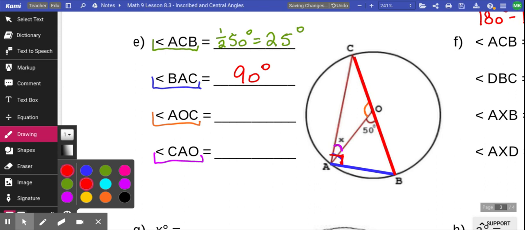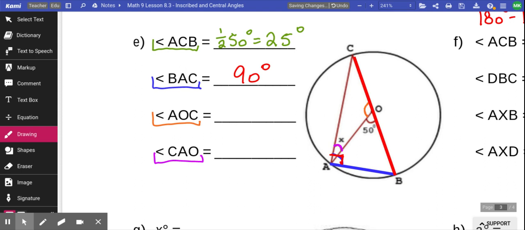Wonderful. The next one I want to look for is A to O to C. To get A to O to C, I'm going to use a trick again. I'm always using tricks, it seems. And that trick is that if you're on a straight line, that straight line should be 180 degrees. I know that part of that straight line is 50. They've given me this part of the straight line. I don't know that other part.